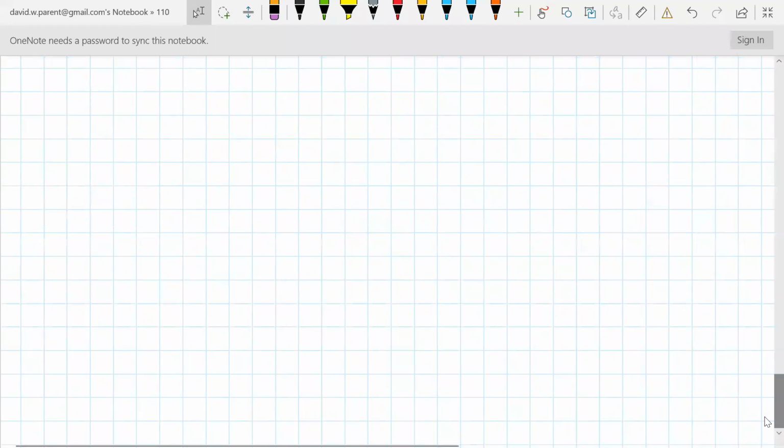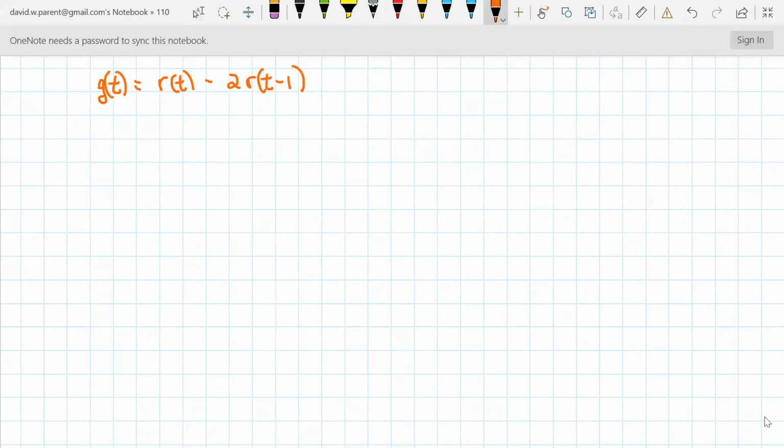So let's do g of t equals r(t minus 2) minus 2 r(t minus 1) plus, okay, which goes up, comes down, stays flat.